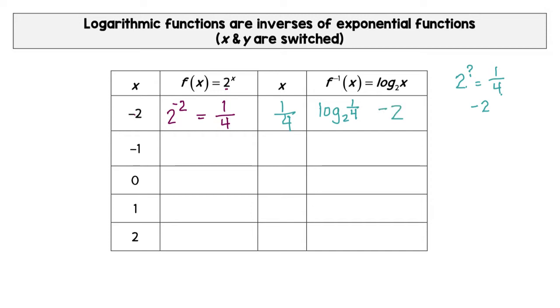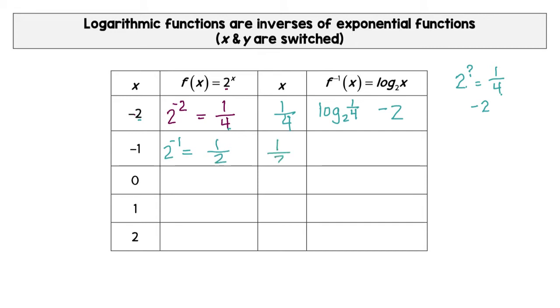So notice you have the ordered pair -2, 1/4, for 2 to the x. But for log base 2 of x, you get 1/4, comma, -2. So it does swap your ordered pairs. And same thing if we do -1 and plug in 2 to the -1, it's going to be 1/2.